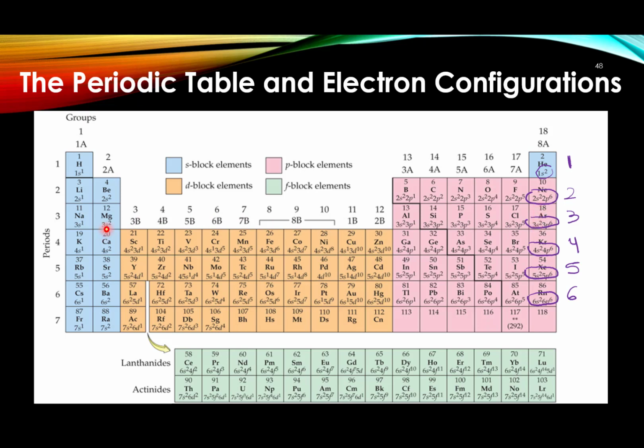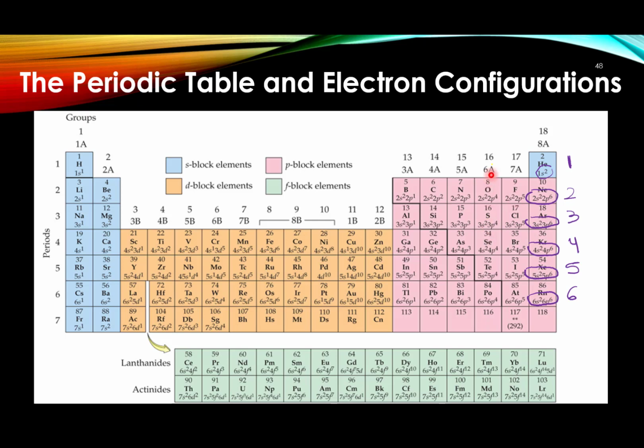Now, remember, metals lose electrons. Now look at the nonmetals. Nonmetals want to have the same characteristics as the noble gas that comes after them. Look at sulfur. How many more does it have to gain to have the same electronic characteristic as argon? 2. Look at chlorine. 1 more.